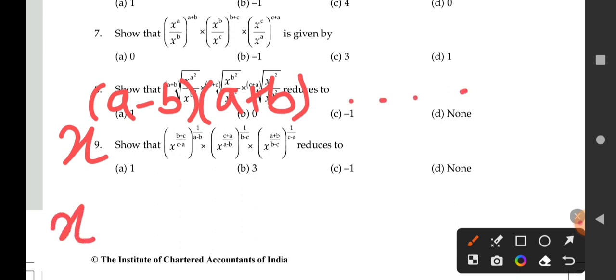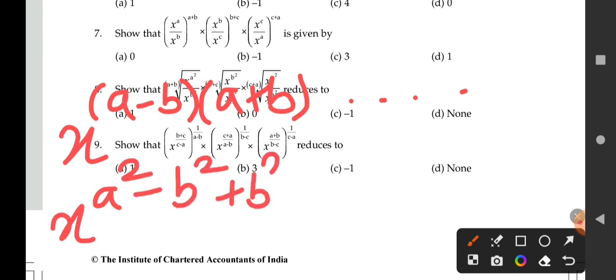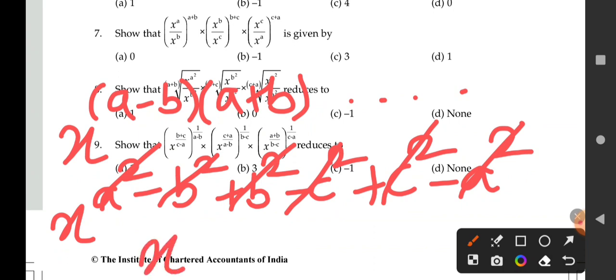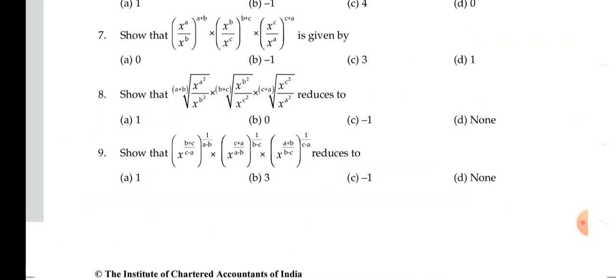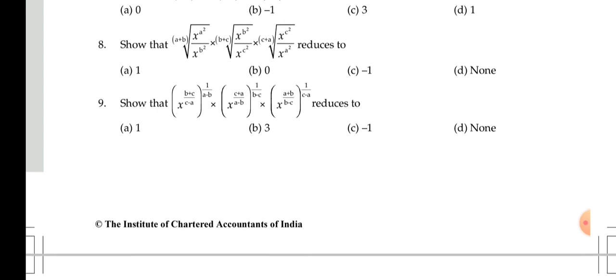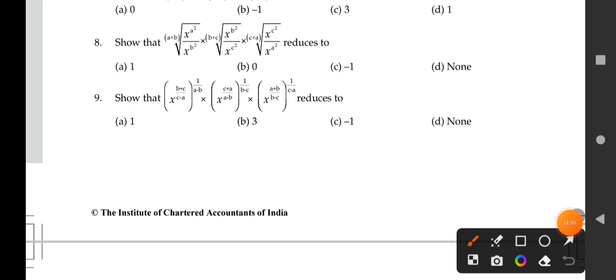So we have x power A square minus B square plus B square minus C square plus C square minus A square. So all the terms get cancelled. X power 0 is equal to 1. Option number D. Once you do practice, these questions become very easy. You can solve most of it verbally.